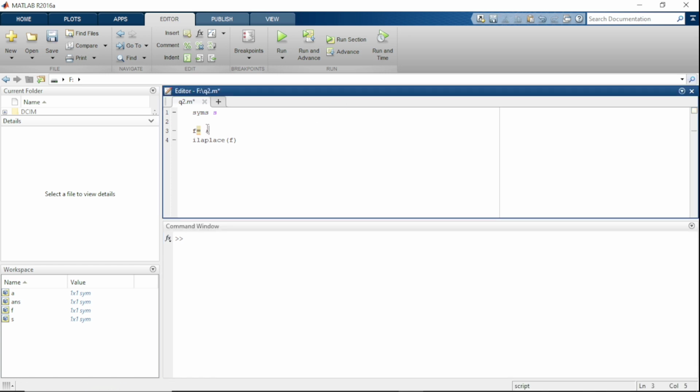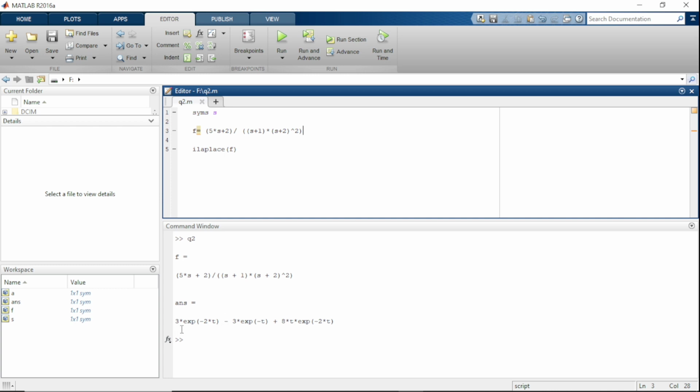So the numerator will be 5s. 5s means 5 star s, star means multiplication of 5 with the s function, plus 2, and the denominator will be (s plus 1) into multiplication of (s plus 2) whole square. I am taking the extra bracket for the denominator portion and just run this program. You can easily get the answer.